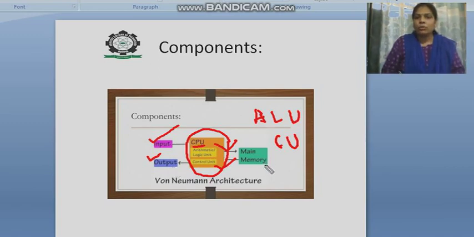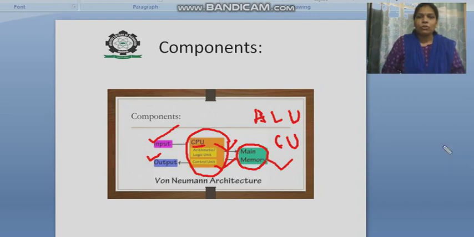Now this is the main memory, and the concept suggested by von Neumann, the concept of a stored program, is concerned with this main memory. Whatever input is provided to the central processing unit also resides in this main memory, and the instructions provided also lie in the same main memory.